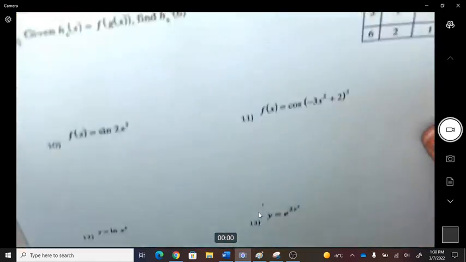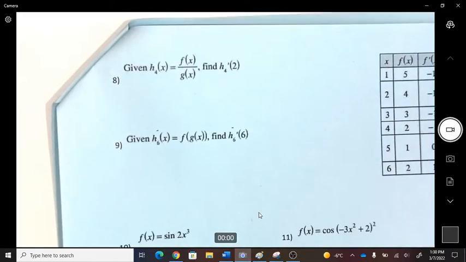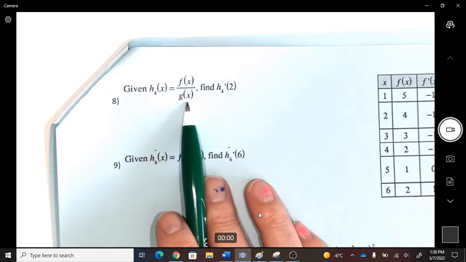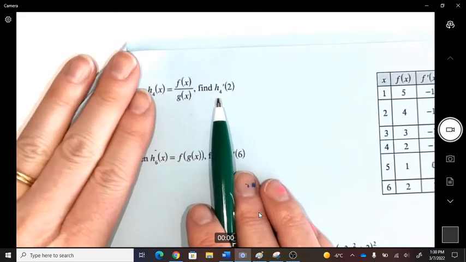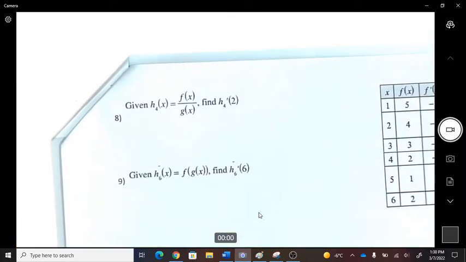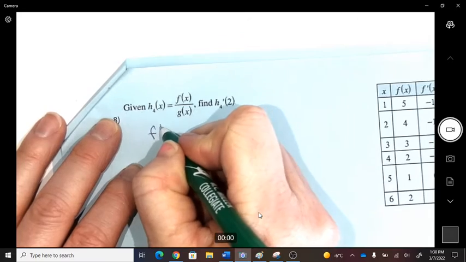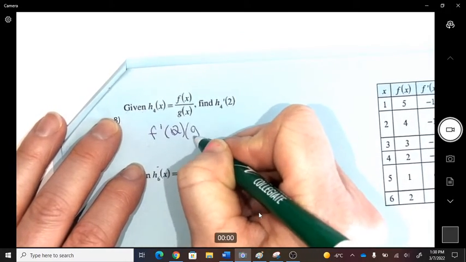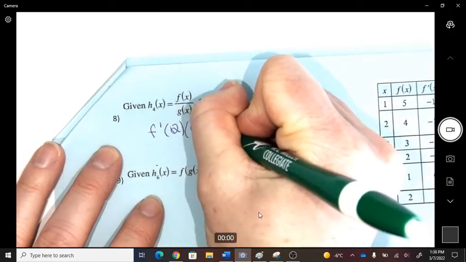Okay, number 8. Okay, so we were asked to do a quotient rule. So, and we're doing this at an x value of 2. So I don't know if you want to plug it in now or at the end. We can plug it in now. So the quotient rule is f prime times normal g. Oops, I said I was going to plug it in here.